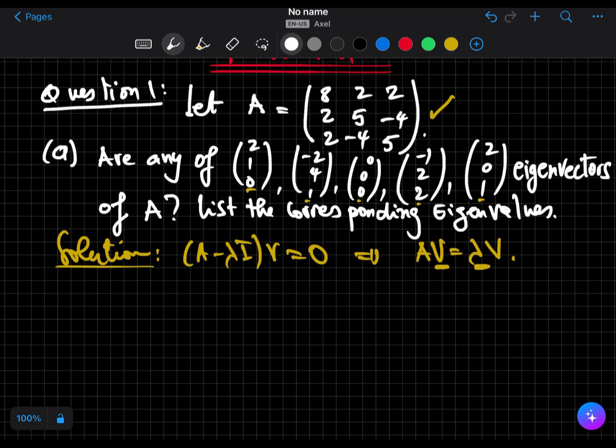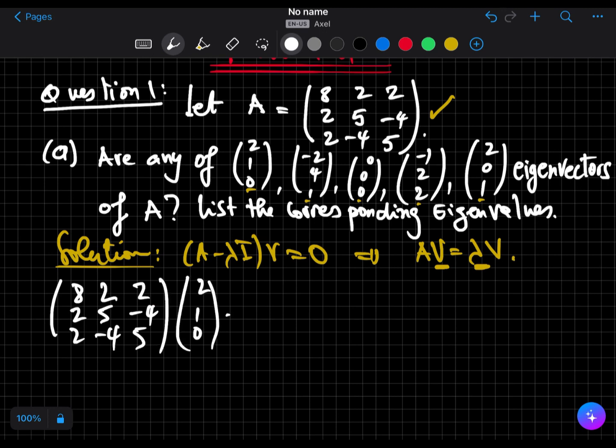Let's use the first vector. We have the matrix 8, 2, 2; 2, 5, -4; 2, -4, 5, and then I do (2, 1, 0). Multiplying this, this will give me (18, 9, 0). Putting 9 in factor, you have 9 times (2, 1, 0).